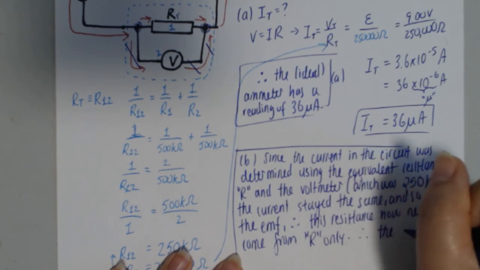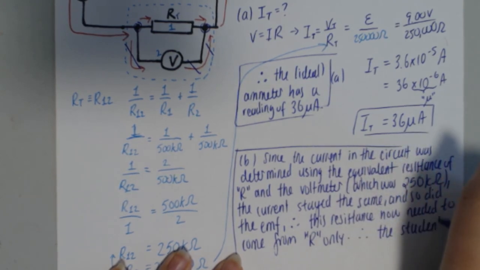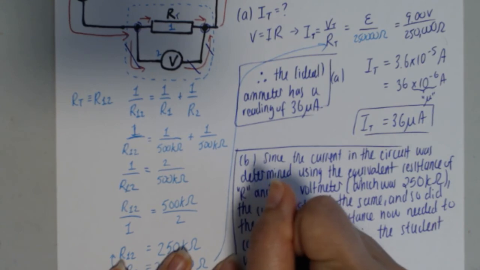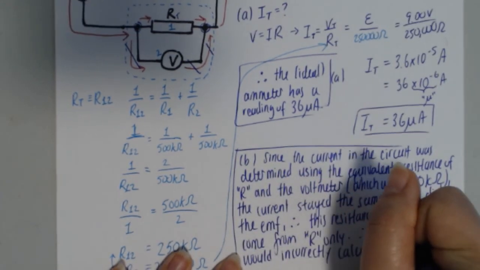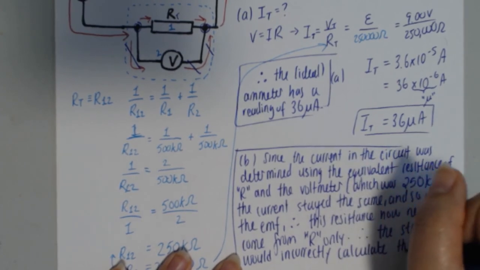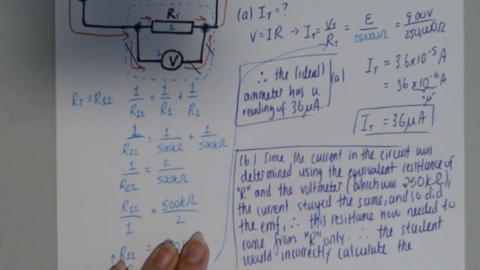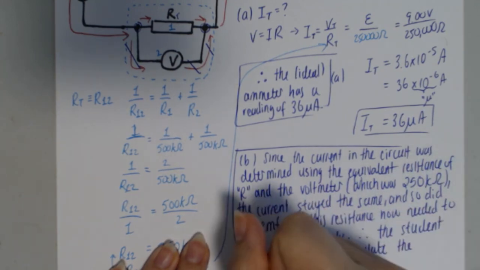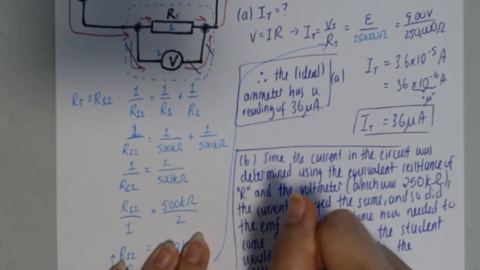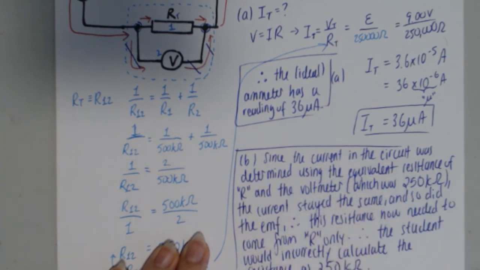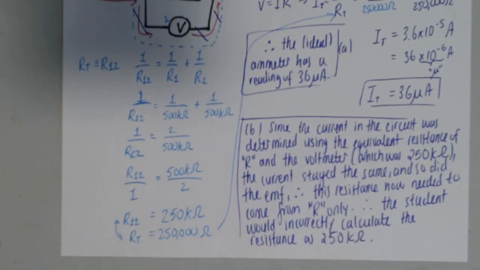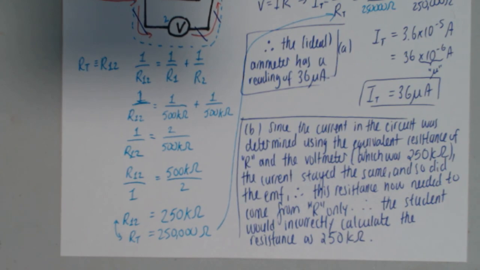Therefore, the student would incorrectly calculate the resistance as 250 kiloohms. And that's really all it is. So just being able to explain that in a logical sense. So that is it for worked example 5.17.